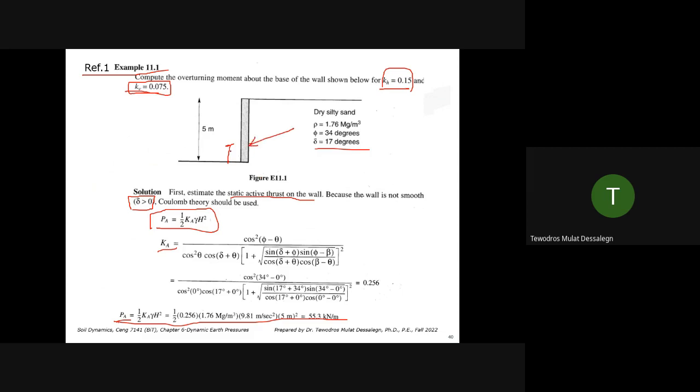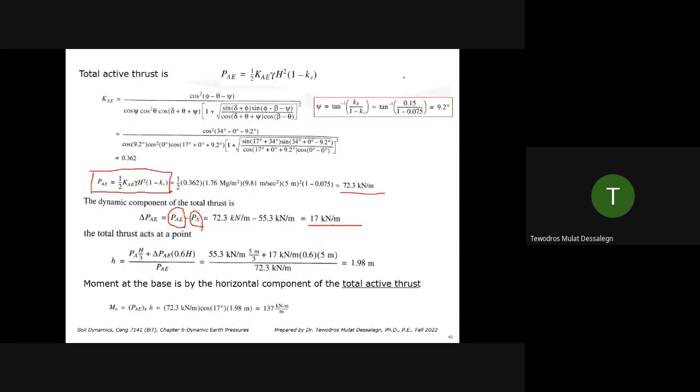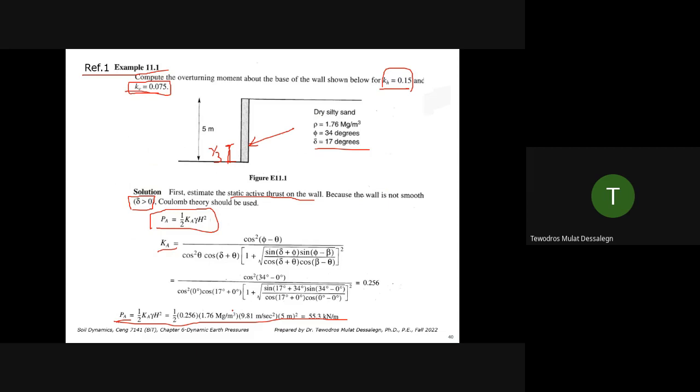What's the height here? 1/3. How about the dynamic? The static component acts at 1/3, which is PA, 55.3 kilonewton.